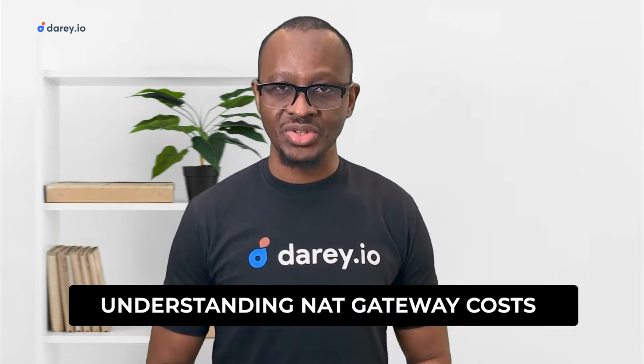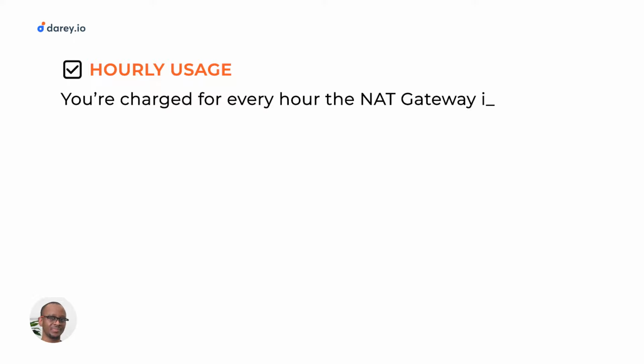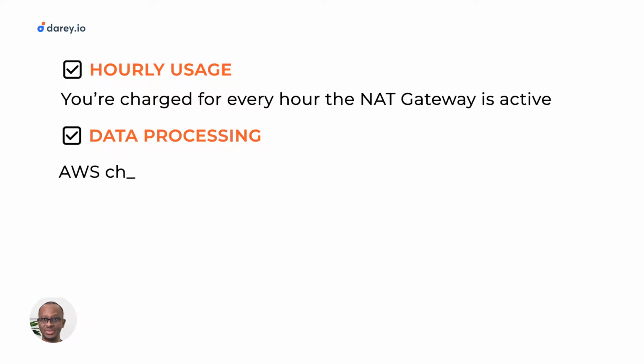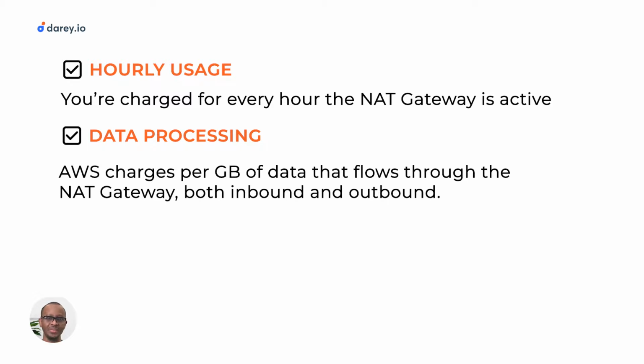Understanding NAT gateway costs. While NAT gateways are extremely useful, they are not free. Let's go over the costs involved. Hourly usage. You're charged for every hour the NAT gateway is active. Data processing. AWS charges per gigabyte of data that flows through the NAT gateway, both inbound and outbound. Elastic IP cost.